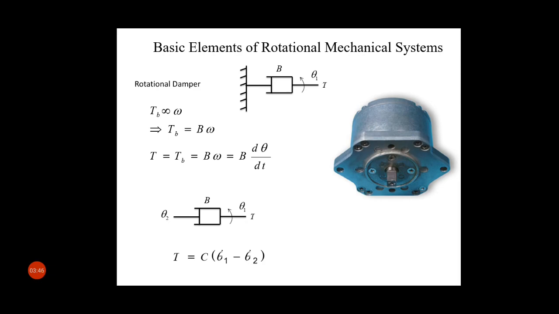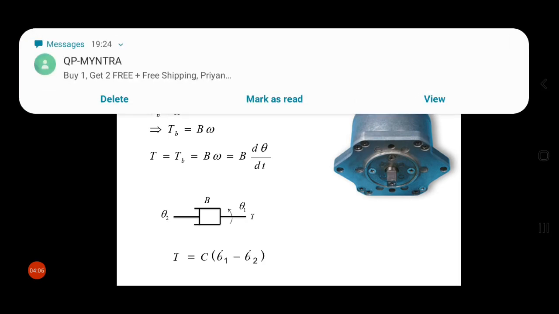Whenever a torque capital T is applied, it is opposed by the damping torque TB, which is equal to the product of capital B, the viscous friction coefficient, and the angular velocity of the dashpot.